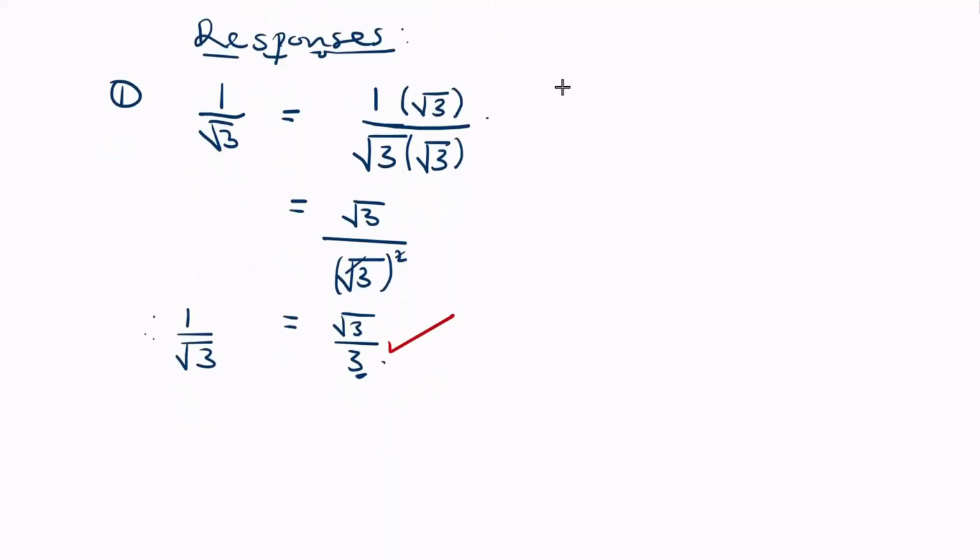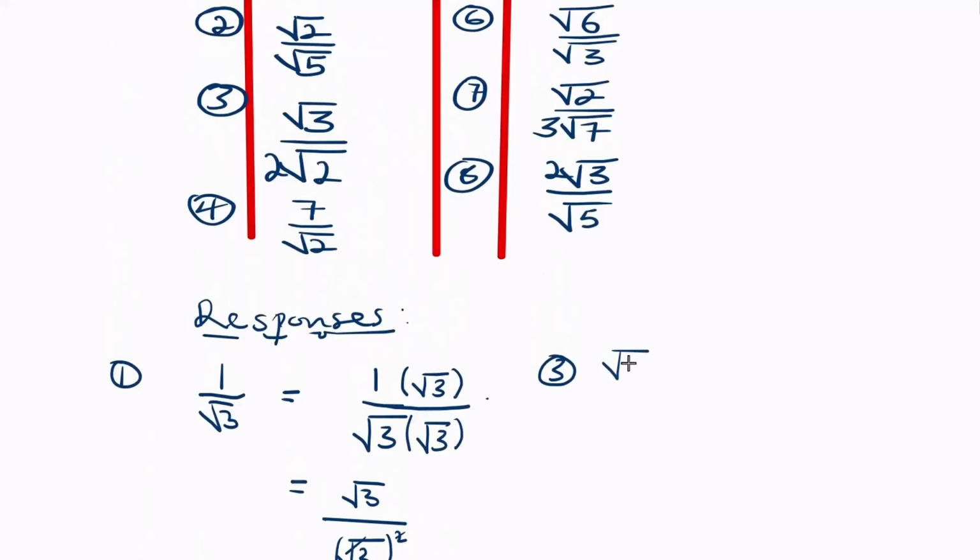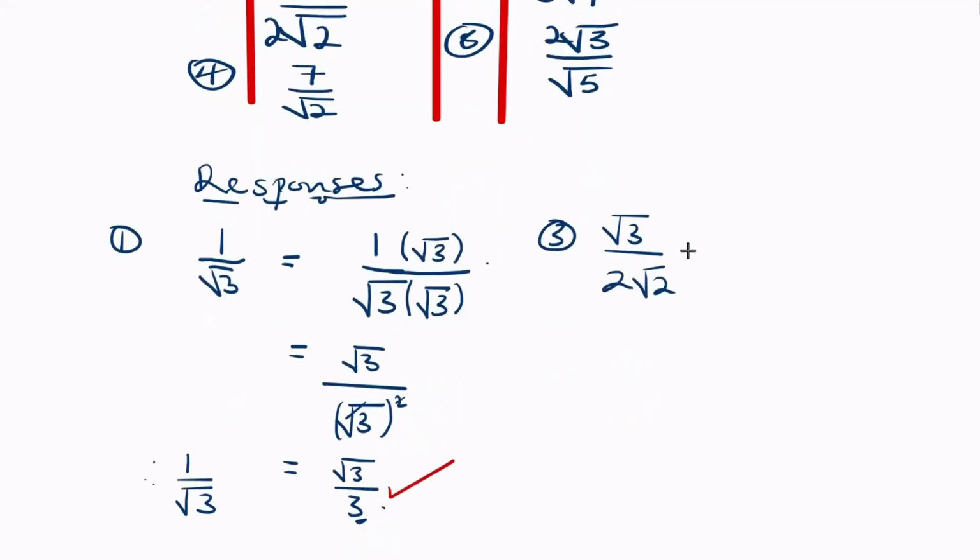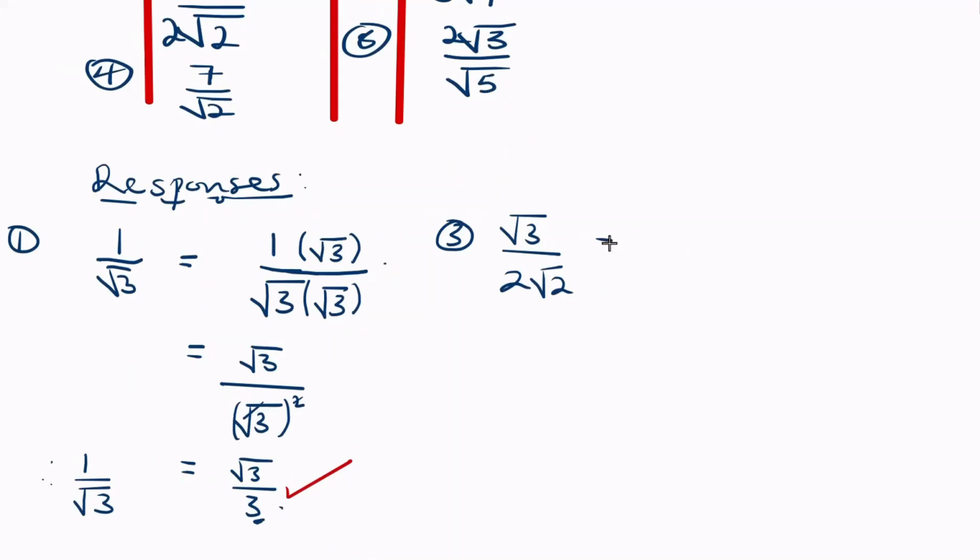We can move to number 3. We have root 3 divided by 2 root 2. As we have done, this is equal to the square root of 3 multiplied by the denominator, which is 2 root 2, divided by the denominator, 2 root 2, multiplied by itself, which is 2 root 2.